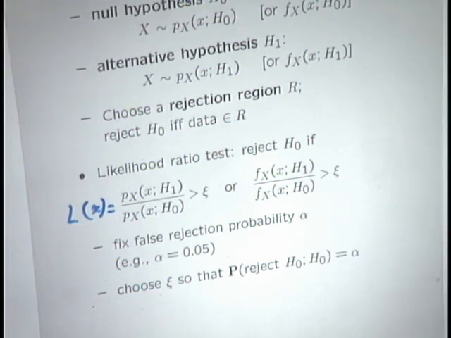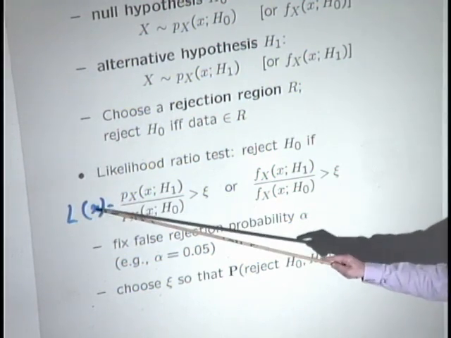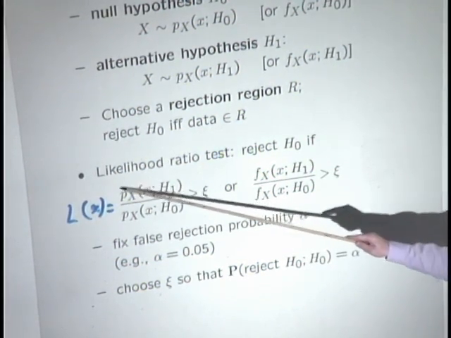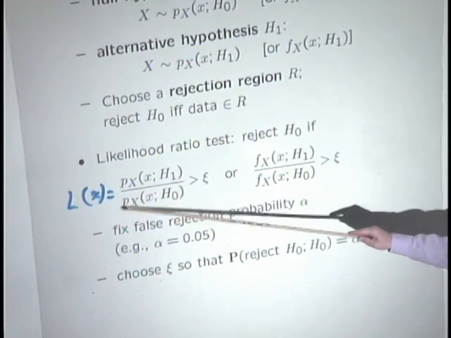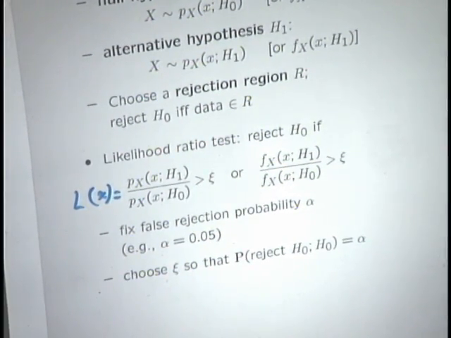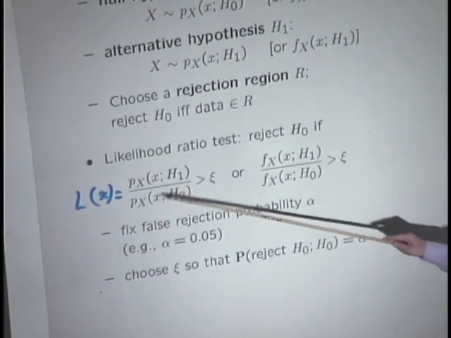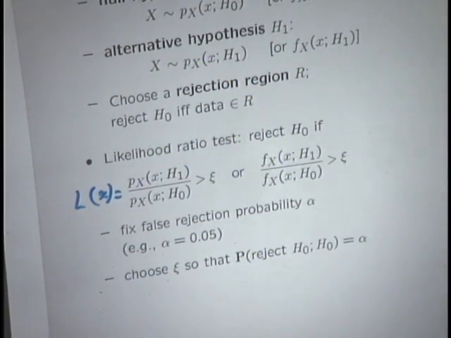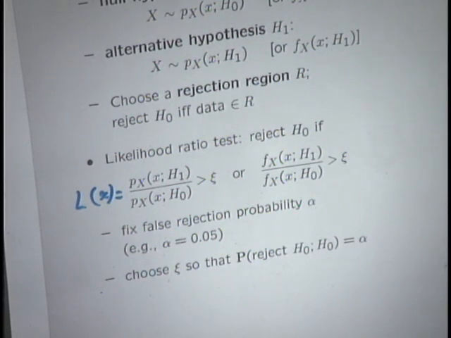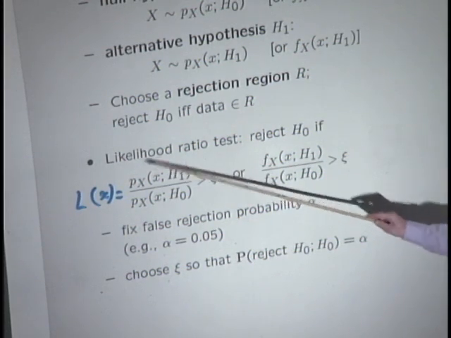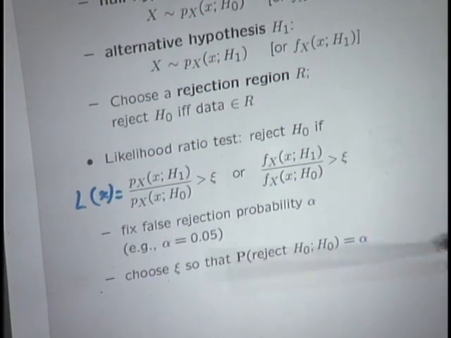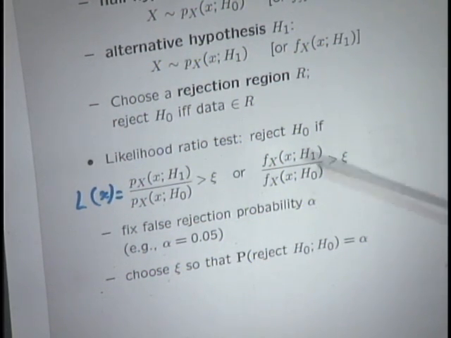A high value of L of x basically means that this probability here tends to be bigger than this probability. It means that the data that you have seen are quite likely to have occurred under H1, but less likely to have occurred under H0. So if you see data that can be better explained under H1, then this ratio is big, and you're going to choose in favor of H1 or reject H0.